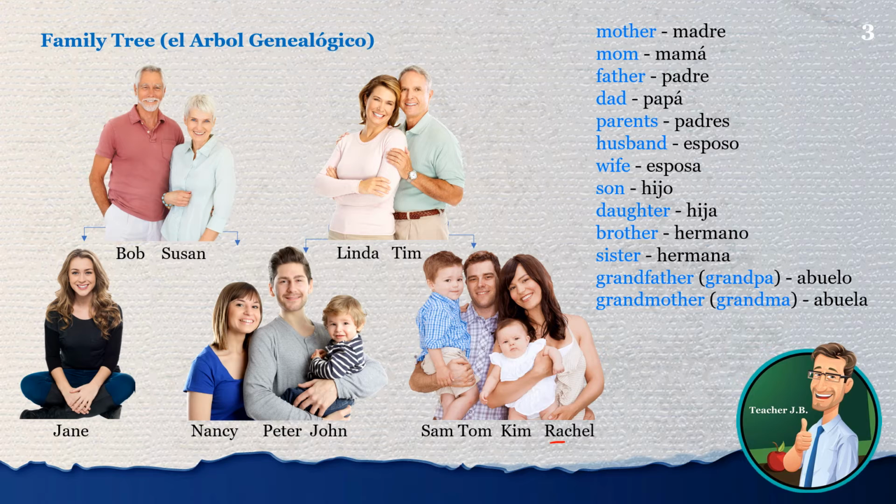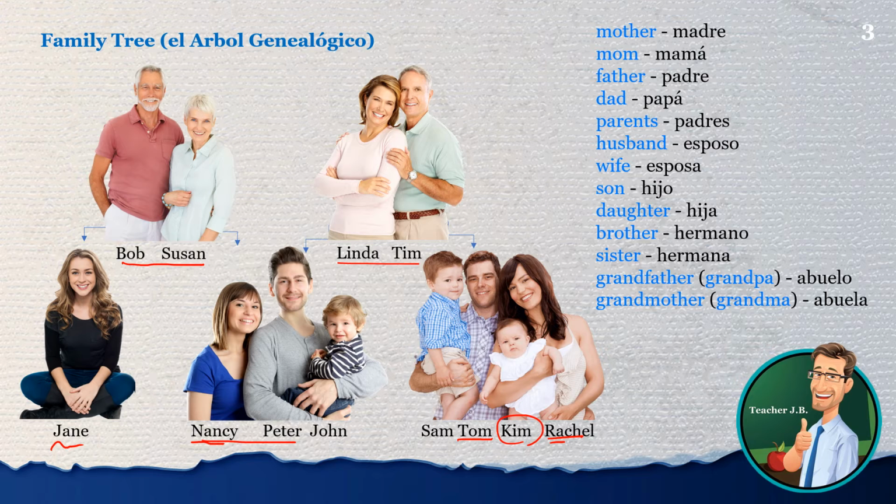Next one, daughter. Susan and Bob have two daughters, Jane and Nancy. Linda and Tim, they don't have a daughter. And Nancy and Peter, no daughter. And Tom and Rachel, they have one daughter, whose name is Kim.